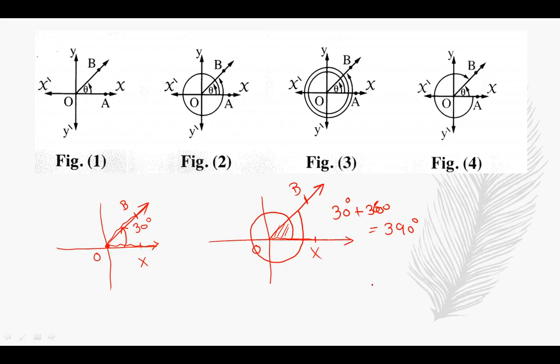Another example. Here this is the origin point, the vertex O, and the initial side is OX.